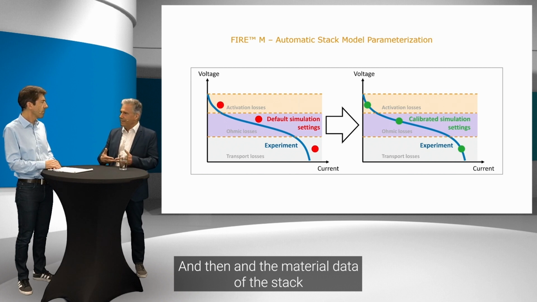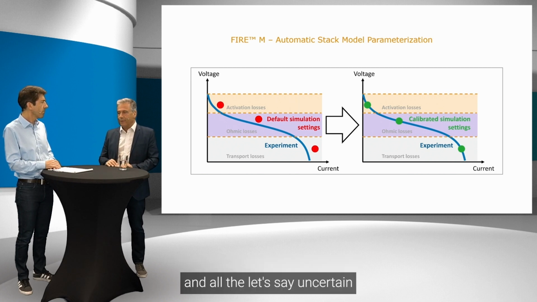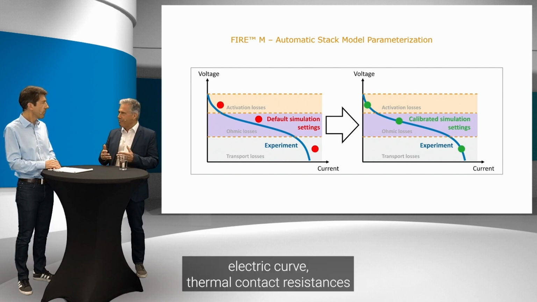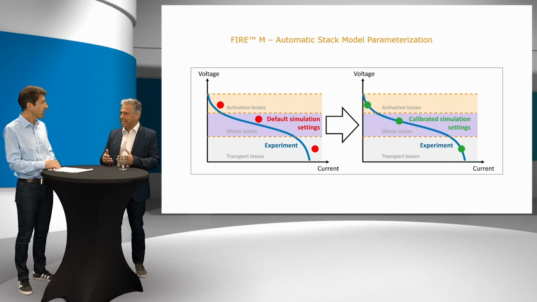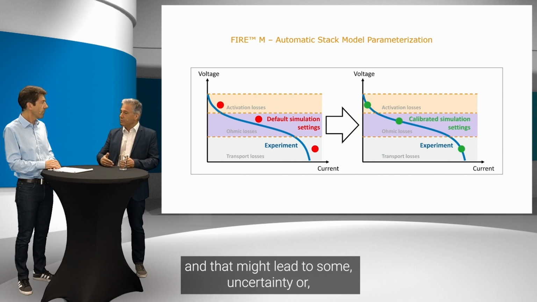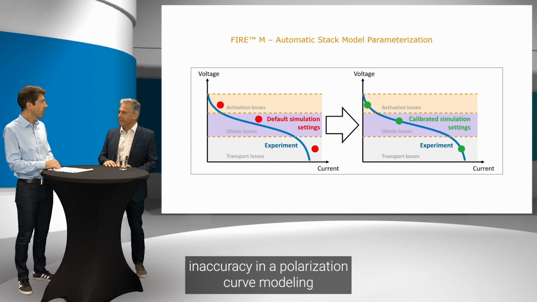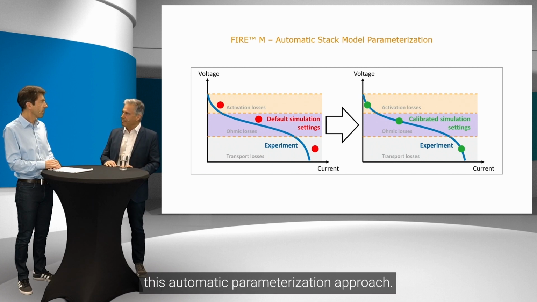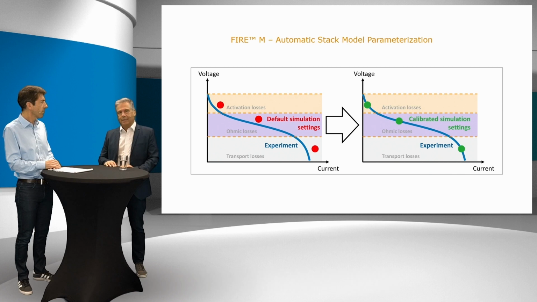material data of the stack. All the uncertain data, like electrical and thermal contact resistances, that might lead to some uncertainty or inaccuracy in the polarization curve modeling, are now automatically adjusted with this automatic parameterization approach.